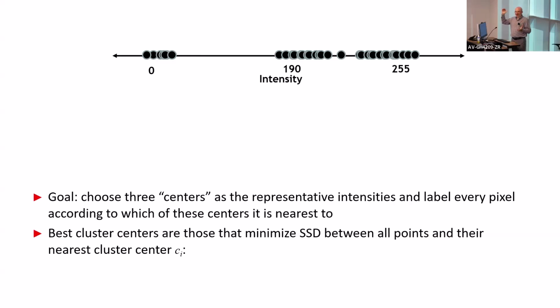So 255 is white, 0 is black, and all of the middle ones are gray, all right? So intensities. Let's start with three random numbers like 5, 100, and 200, whatever. Just three random numbers distributed on that scale from 0 to 255.